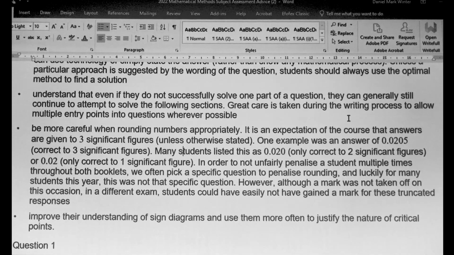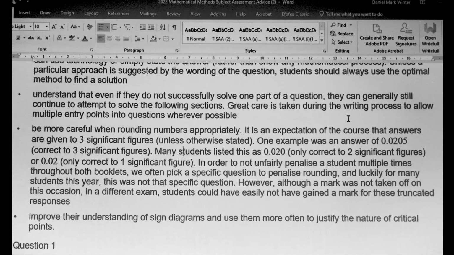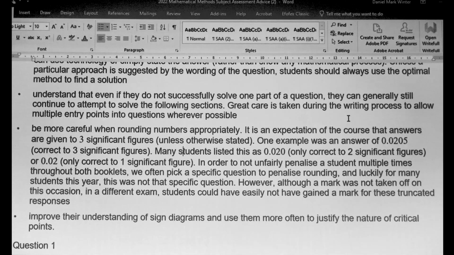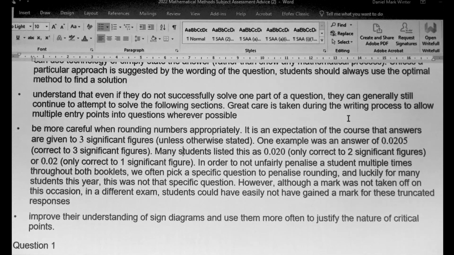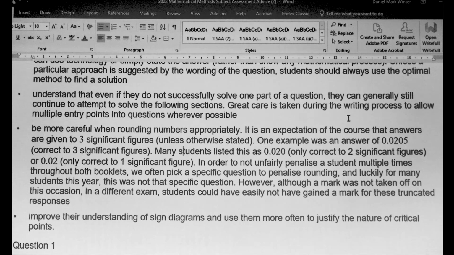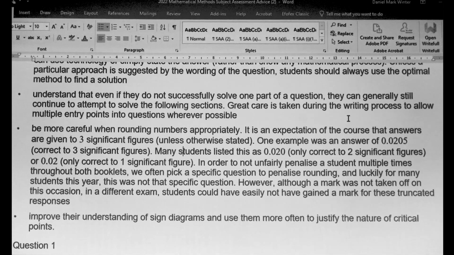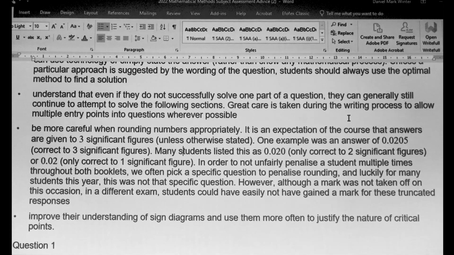Normally at one point in the paper, out of a 100-mark paper, one of the marks will be allocated to doing the correct thing there. We can't keep pinging them the whole way through every question if it's not 3 sig fig or they didn't round to an integer or whatever. Which question is going to get that mark will depend on, as we're coming up with a mark scheme, where we feel that's appropriate and there's enough marks.